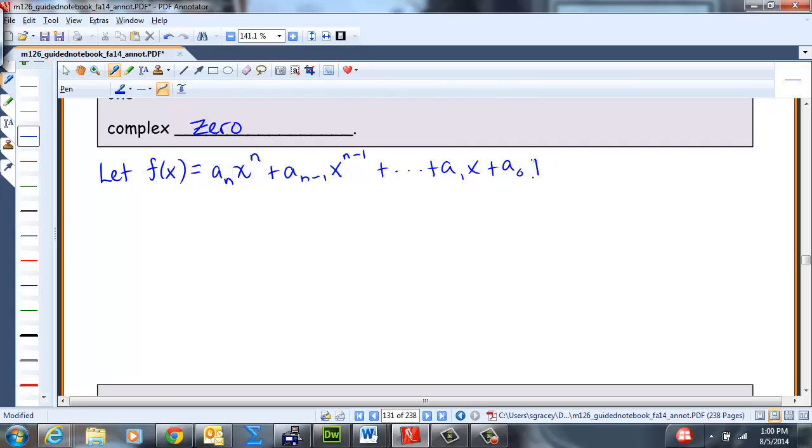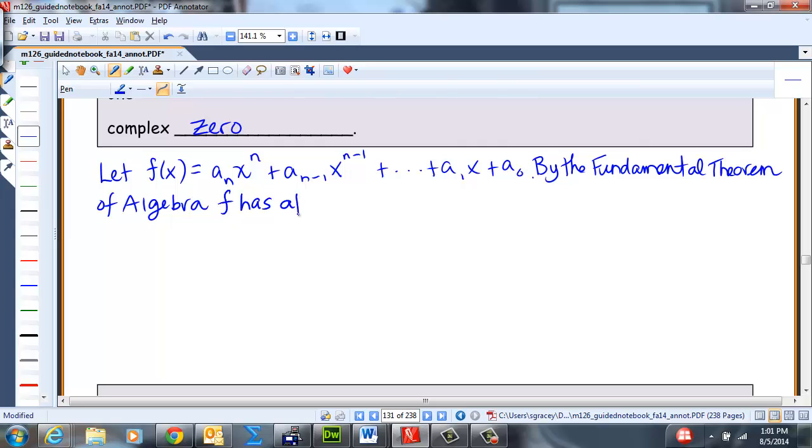Now, by the fundamental theorem of algebra, which is the theorem above, we know that f has at least one zero in the complex numbers, call it r1.